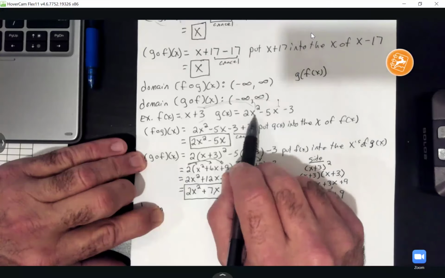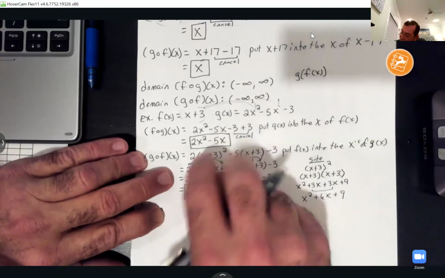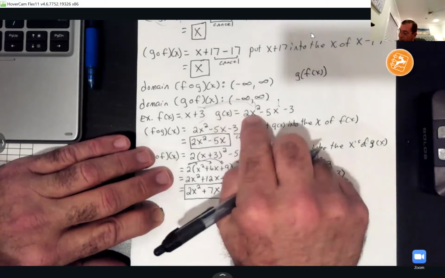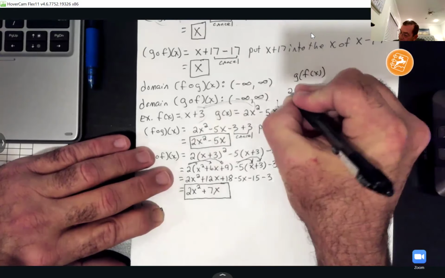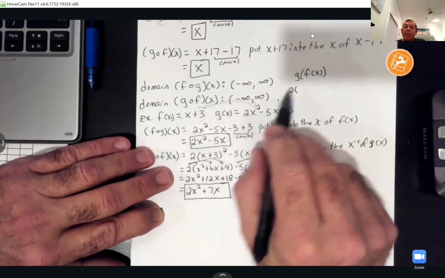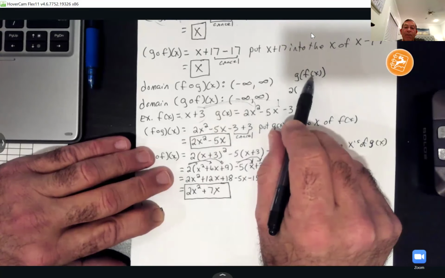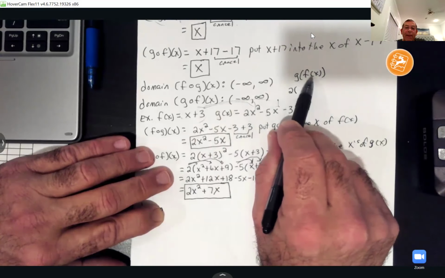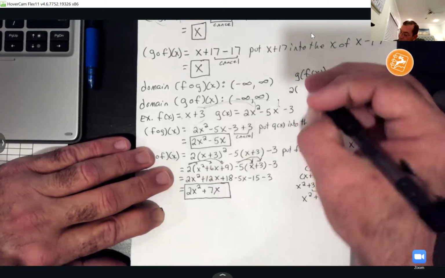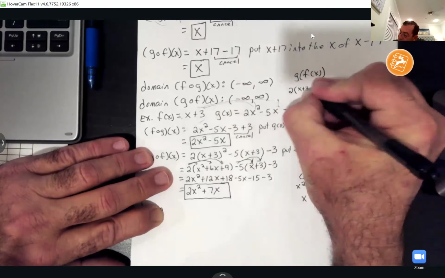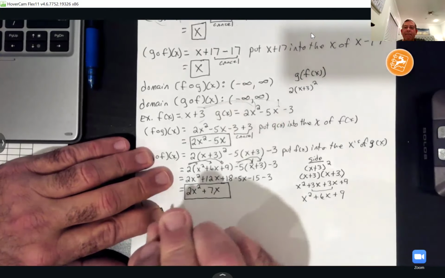And so I came down and said, okay, well, G of X is 2 times X squared. But remember, X is this whole function F of X, which was X plus 3. So I had to put my X plus 3 there and square that.